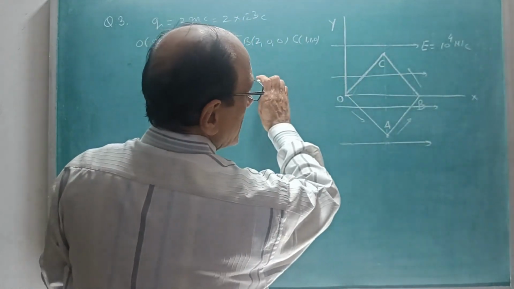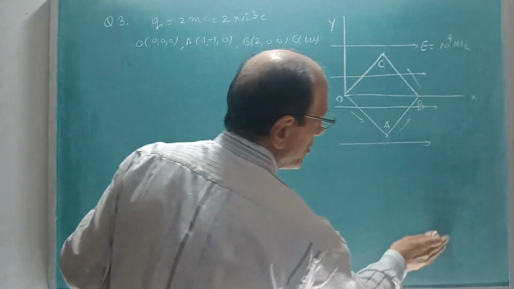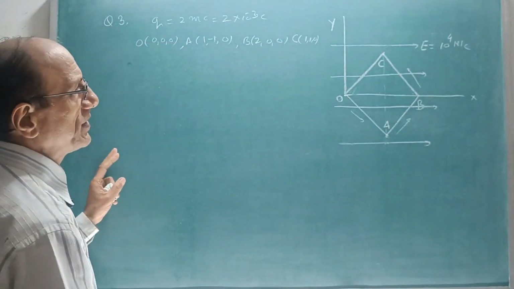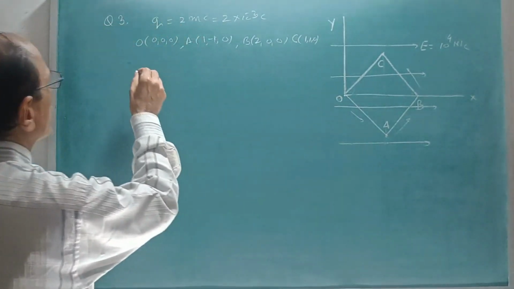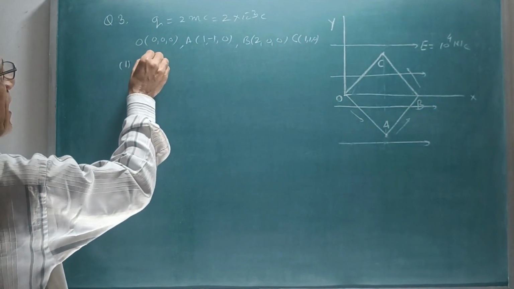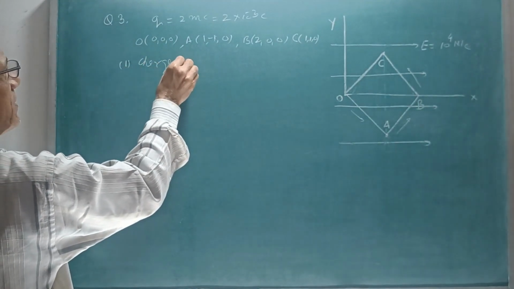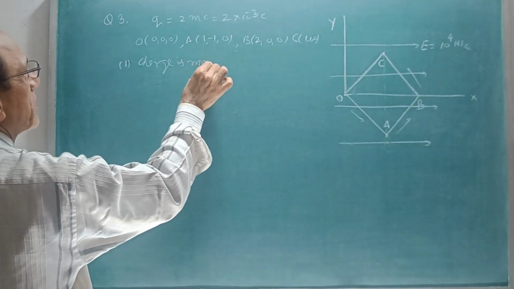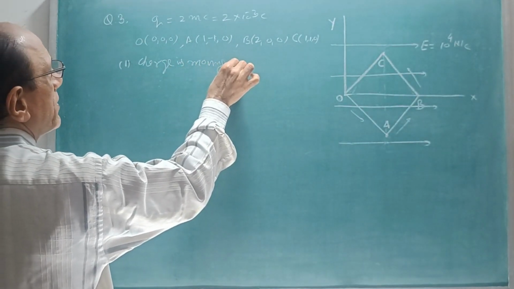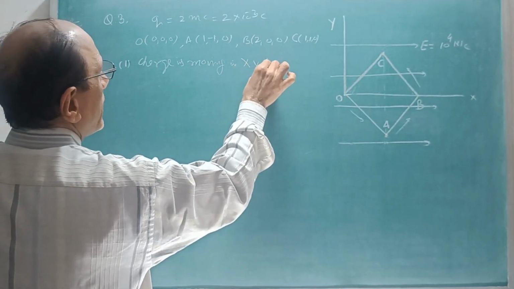That means this is nothing but the plane of the board. That means this is the XY plane. So the first answer is the charge is moving in the XY plane.